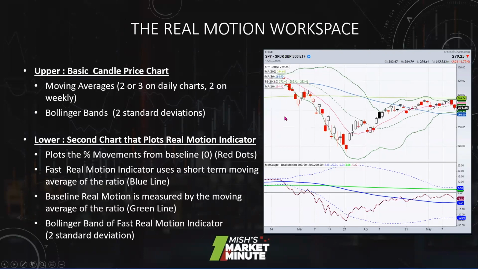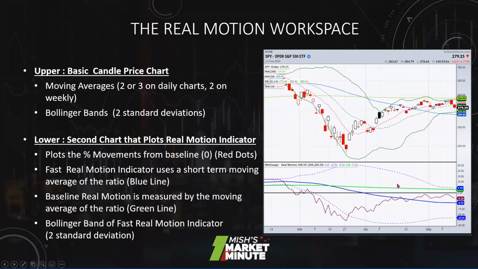Then we like to use 2 standard deviations as well. The second chart, the bottom chart, is the real motion indicator, and it's set up in a similar way. We have the 50-day of real motion, which is the blue.